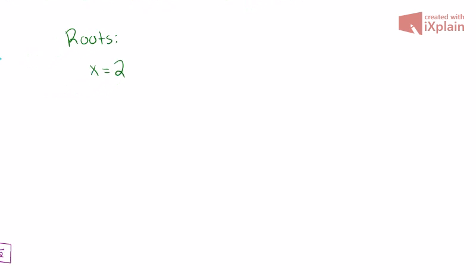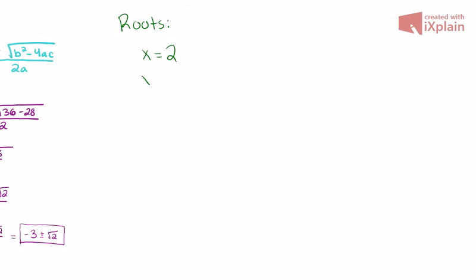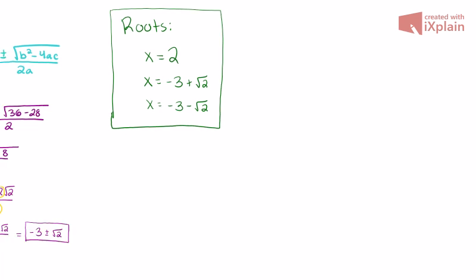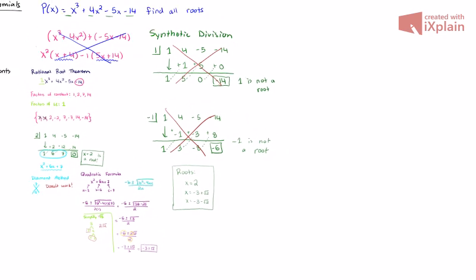And then the other two roots that we found using the quadratic formula, if I write them separately, are -3 plus root 2 and -3 minus root 2. So I have 3 roots, which makes sense because our polynomial had degree 3. And finally, we are done with this beast of a problem.